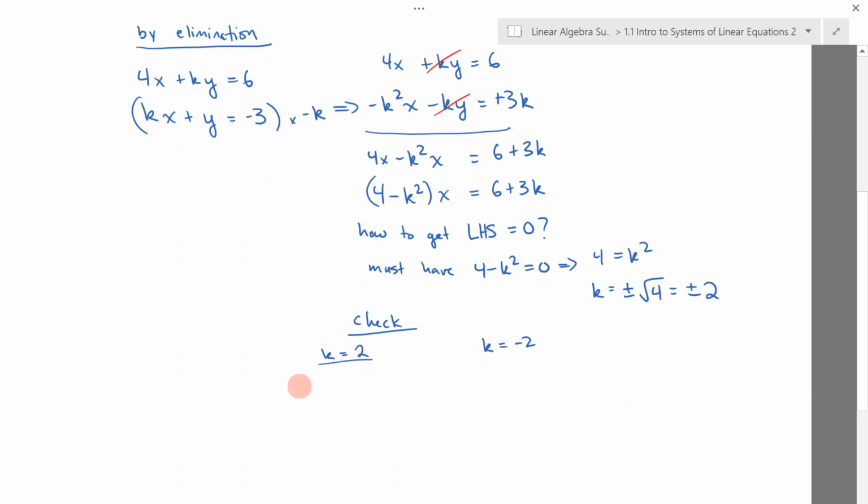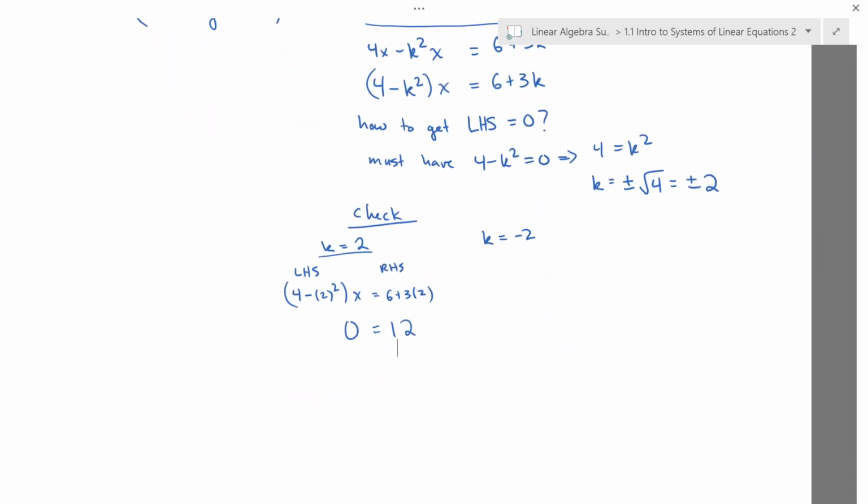You have the left-hand side and the right-hand side. You get 4 minus 2 squared times x. And then what do you have on the right side? 6 plus 3 times 2. So 4 minus 4 is 0, so that's 0 equals 12. So this is the no solution case.